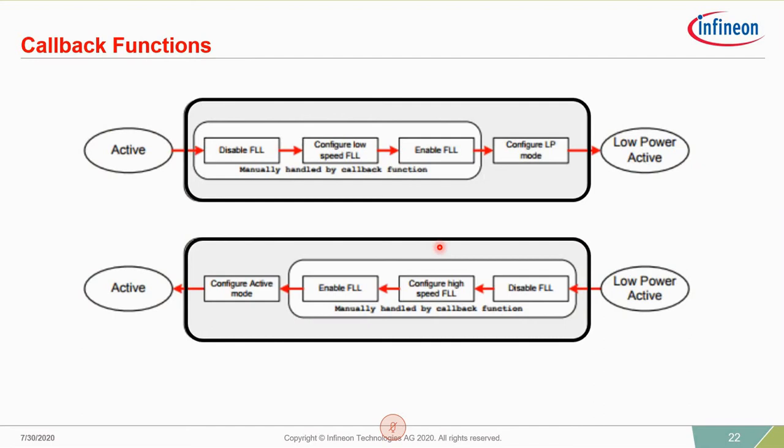Now callbacks are just regular functions which will be called multiple times in each of these stages, namely check stage, before transition, and after transition. You can use these callbacks to perform certain application specific actions during any of these stages. And in this application, basically the callback configures the speed of the FLL before entering low power mode.